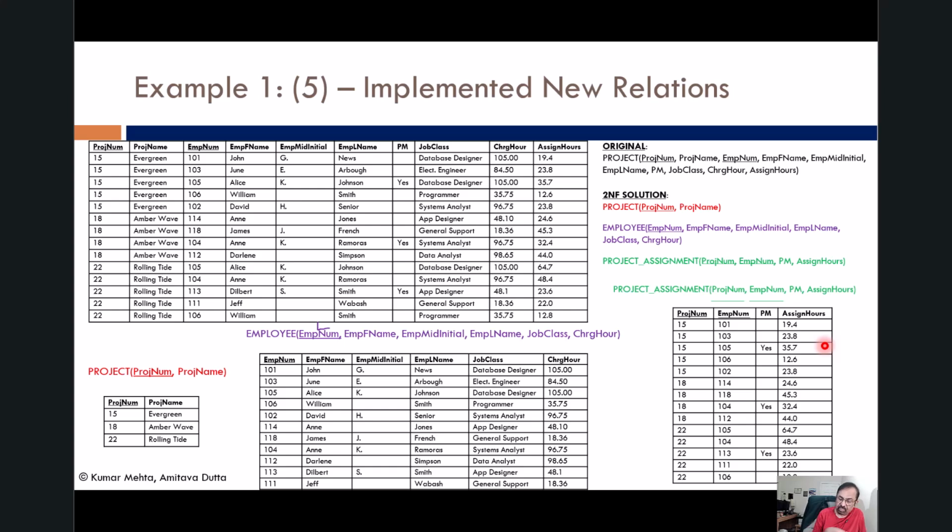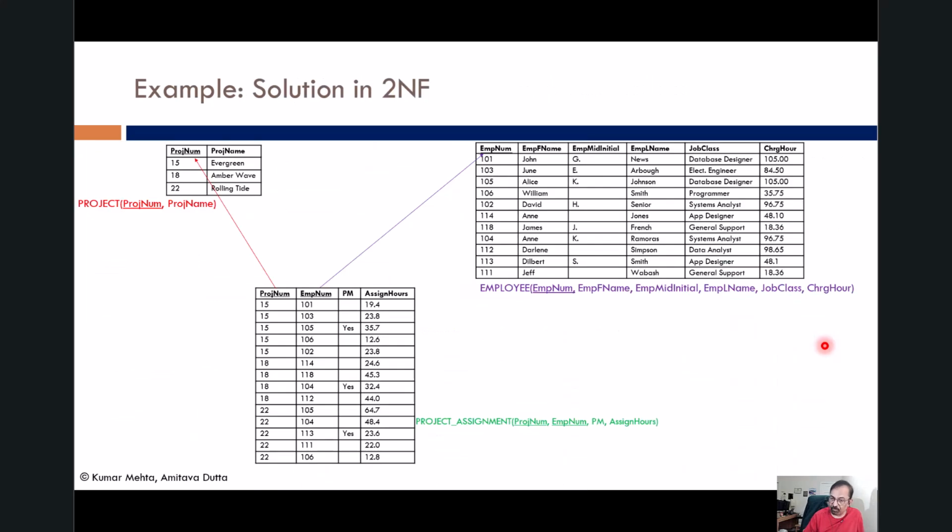Now we'll take a deeper look at the three tables and ask ourselves, is second normal form okay, or do these three tables still have some problems in terms of anomalies? And if they do, what do we do about it? Here were the three tables, and you remember that project number and employee number together was a composite primary key for this third table.